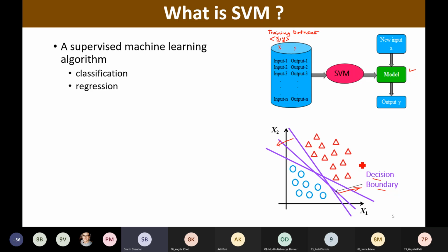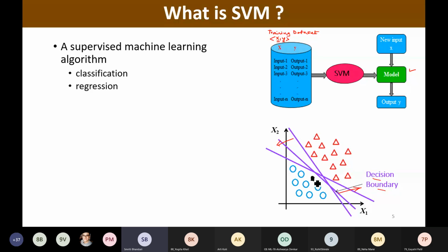So if I am having, say for example, any unknown sample, suppose I am having here some test sample. I don't know the class of this sample. Right? Now, once I am having my hypothesis, if I am having such kind of a test sample provided for classification, what will my model do?